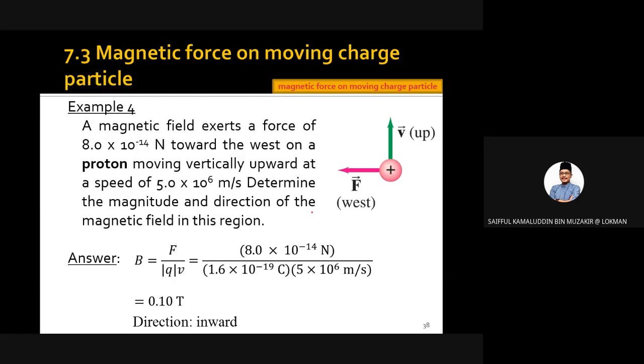Example 4. The magnetic field exerts a force of 8 times 10 to the power of -40 Newton toward the west on a proton moving vertically upward. So the proton, this is a positively charged particle, moving upward.